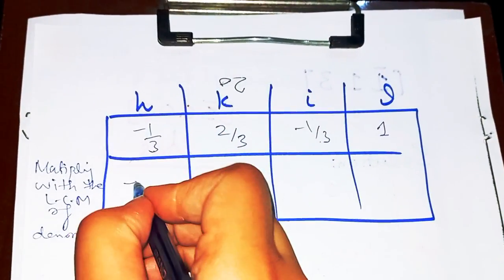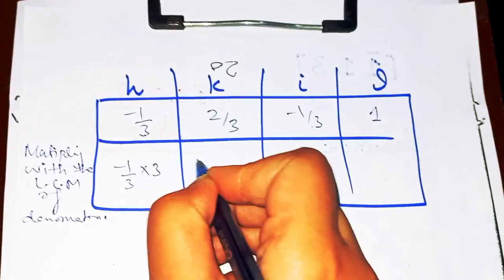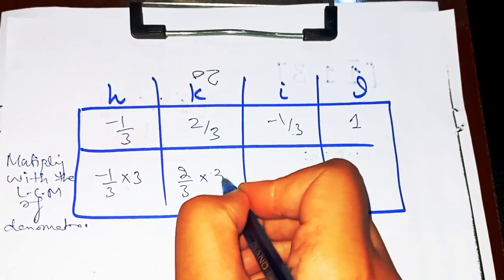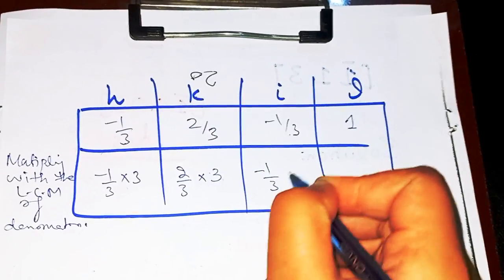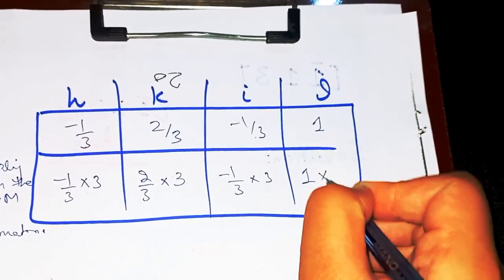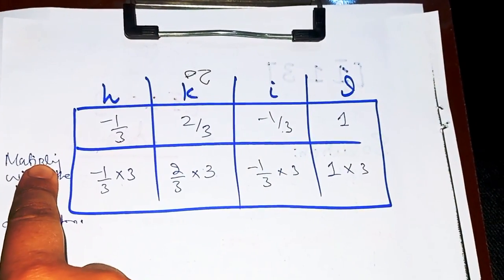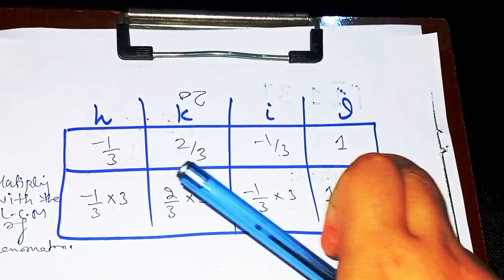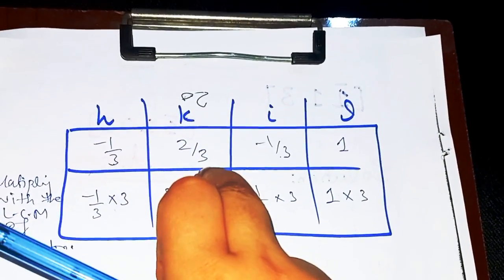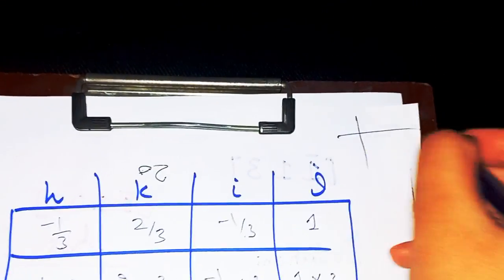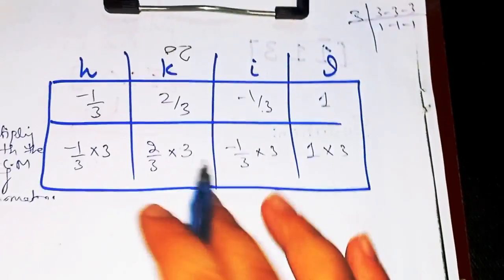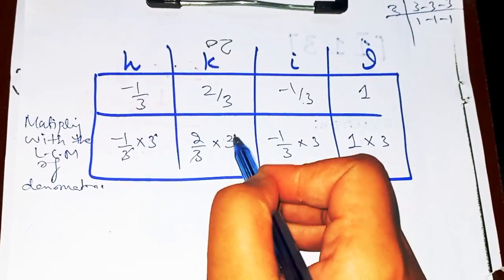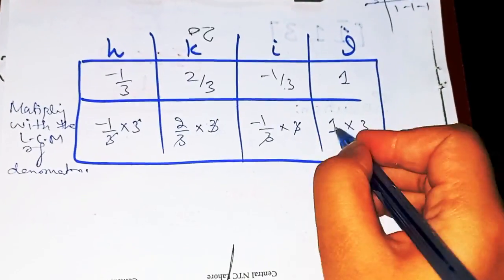Doing so will remove the fraction, because fractions are not allowed in writing down the Miller indices or Miller-Bravais indices. Whatever the LCM of denominators is, we can see it's 3, 3, and 3, and if you take LCM of 3, it's 3 only. So 3 3 cancels out, 3 3 cancels out, 3 3 cancels out, and 3 ones are 3.